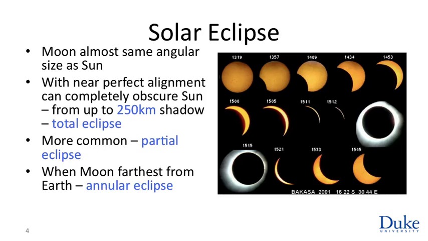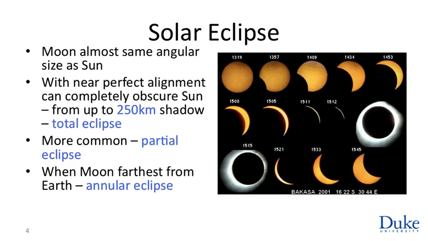If you move a little bit away from that region on Earth, then the alignment is no longer perfect. The alignment is only perfect at one point on Earth. And when I say one point, I mean a region on Earth whose size is up to about 250 kilometers. That's a very small part of a planet with a radius of 6,400 kilometers. And in that region where the moon's shadow completely obscures the sun, you get what is called a total eclipse.